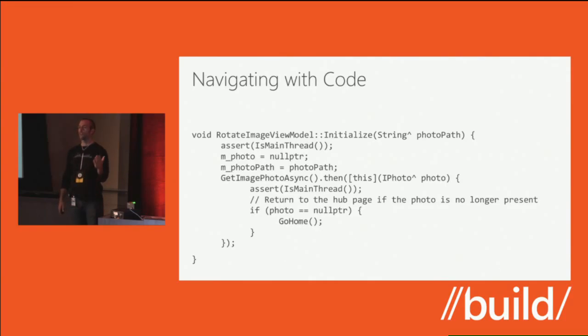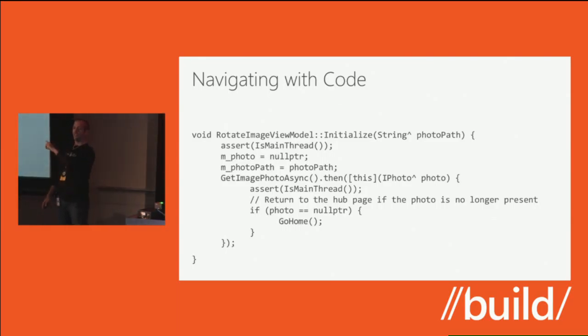Because you can imagine this crazy idea: what happens if you selected a photo, you suspended the app, and then all of a sudden you're trying to initialize back to that same photo, but you went to the file system and deleted it? What would you do? Well, we just go home. That was our decision. It was kind of an arbitrary decision, but that's what our decision was. But these are the things you have to think about.